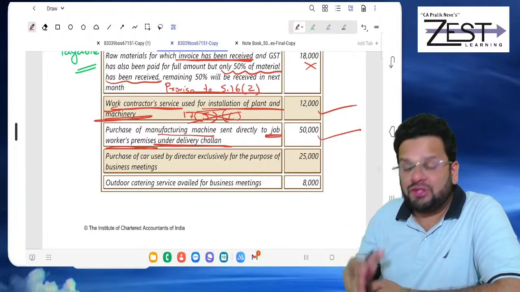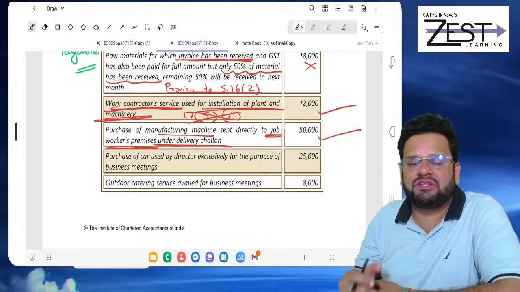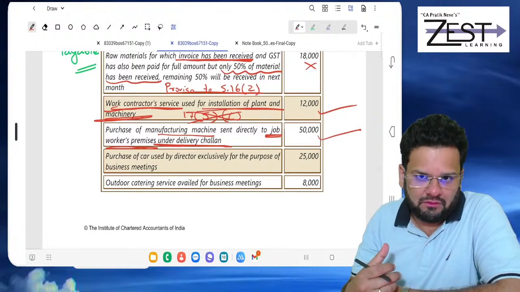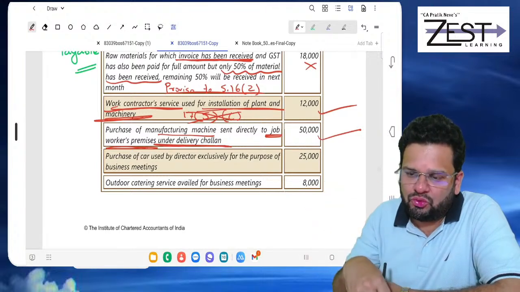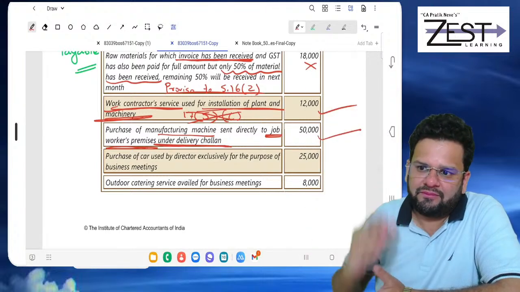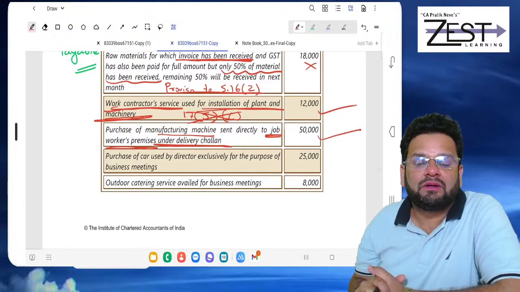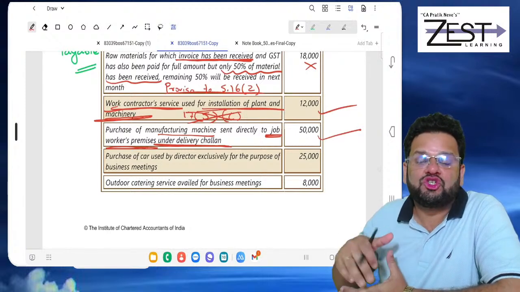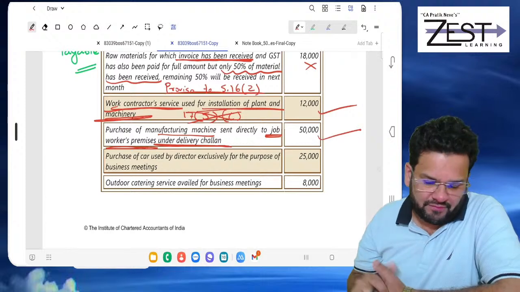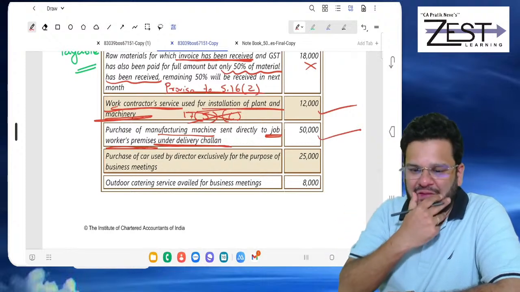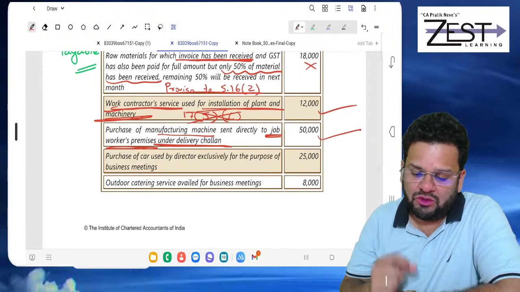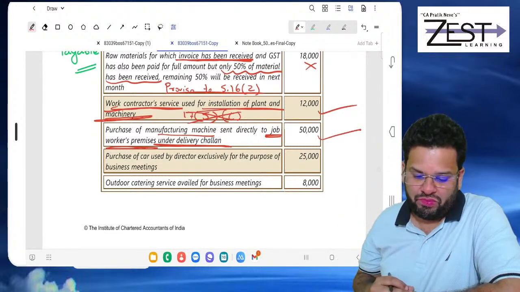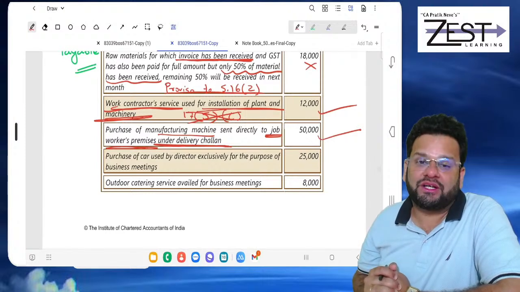If any inputs or plant and machinery, that is capital goods, you are buying, but they are not received by you, but they are received by the job worker on your behalf, ITC will be allowed. So both these points substantiate, that is, support you to take ITC. Isn't it? Did you get the point?